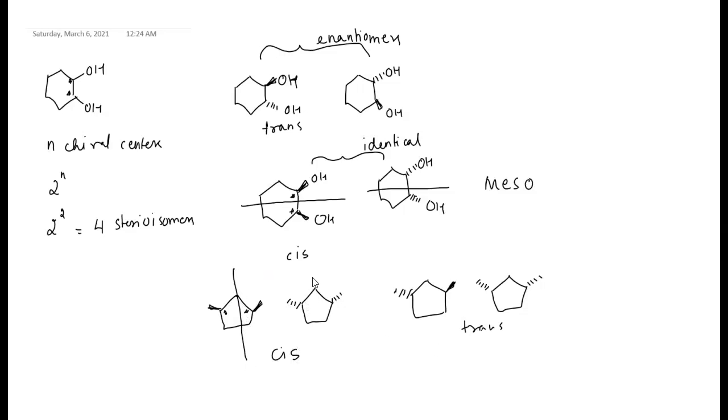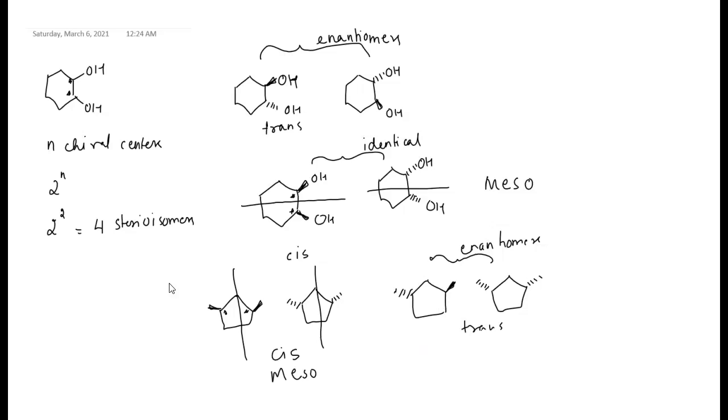Cis has a plane of symmetry, whereas the trans cannot have a plane of symmetry because you have 1 CH3 pointing down and the other CH3 pointing up. Okay, so here these two will have an enantiomeric relationship. So these are enantiomers, but here these represent a meso structure.